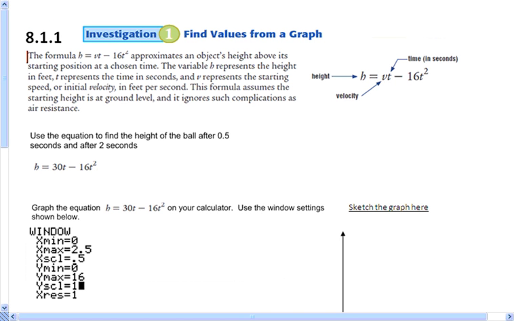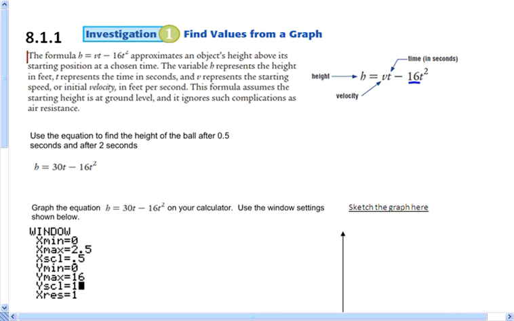So the first thing we're going to do is check out this equation. Turns out that Leonardo da Vinci kind of discovered what turned into quadratic equations when he found out about the effect of gravity, that it's a constant, and an equation like this represents the constant pull of gravity.